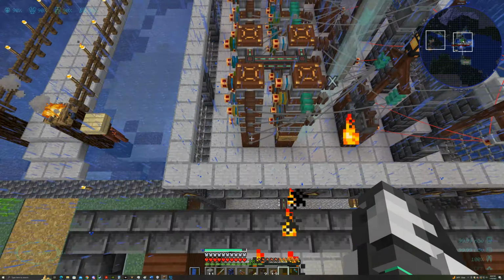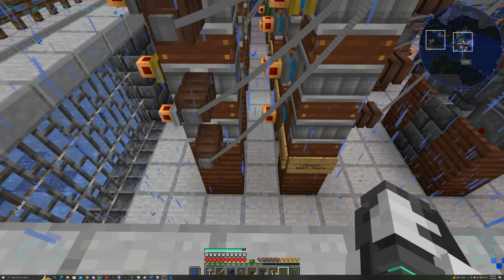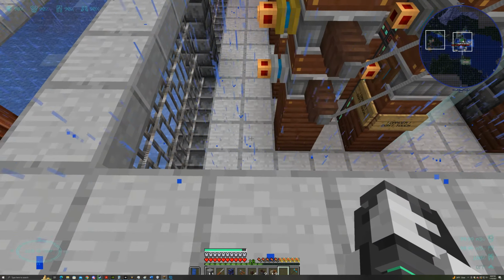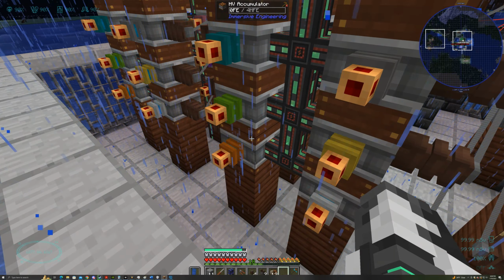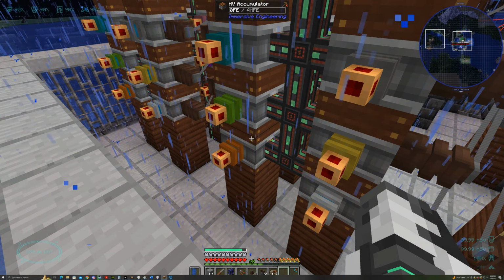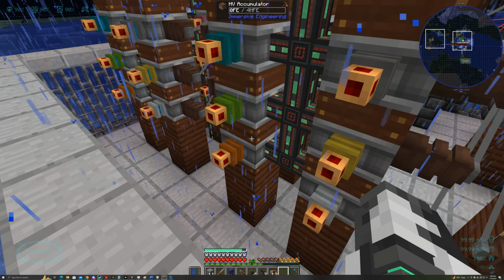Because the way it is, all of these have the wrong connectors on them. I can't get a connection there and there because they're too close together. I would have to move this to there and move it all out, which is doable. Because this requires 2 outputs.